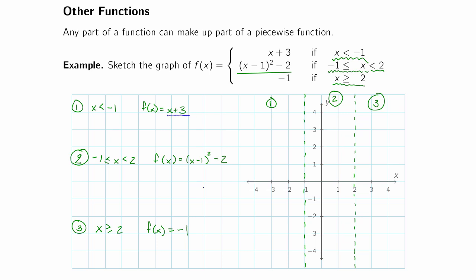On the first piece, our function is linear. So we need 2 points in order to graph that. I'll use the endpoint for one of them, plugging -1 into this expression. One of our points will be -1, 2. Now, x is less than -1. We only have one endpoint there. We need a second number, and we can pick any number we like as long as it's less than -1.